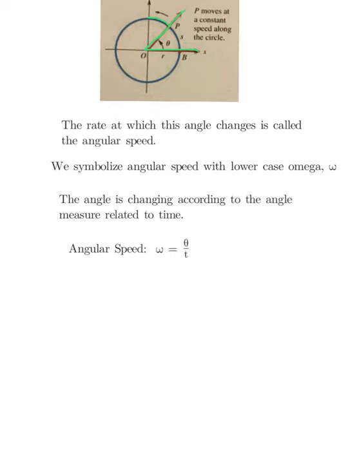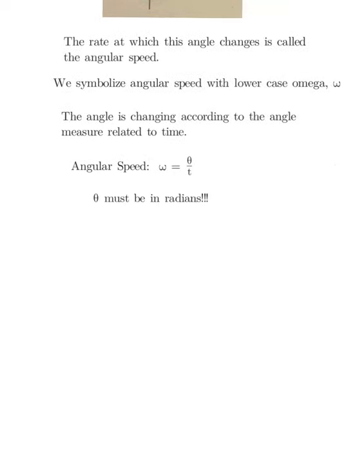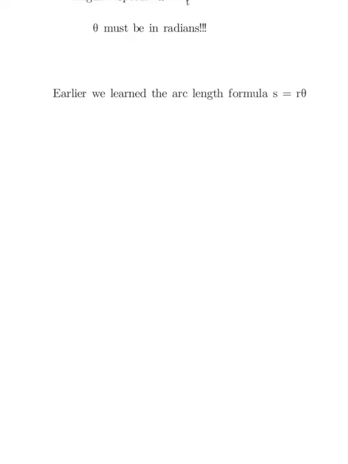This gives us our formula for angular speed. Omega equals theta over T. Remember, theta must be in radians. Earlier, we talked about the arc length formula of S equals R theta.